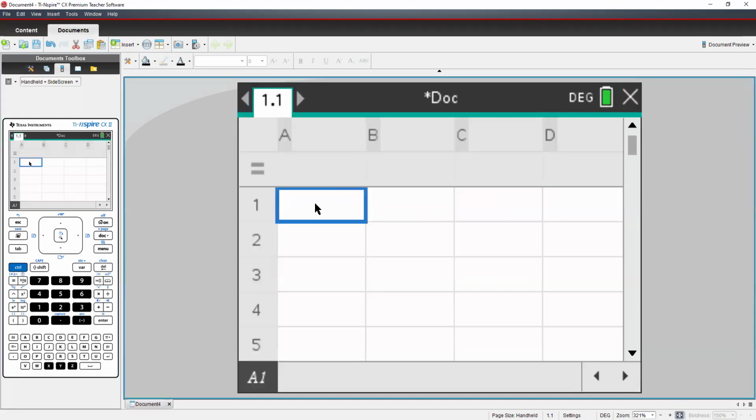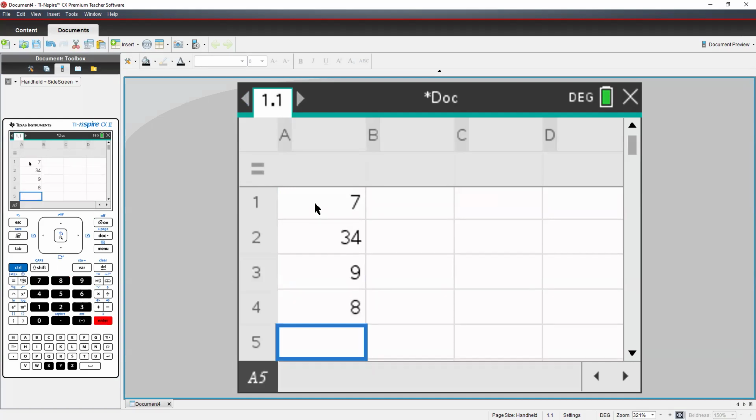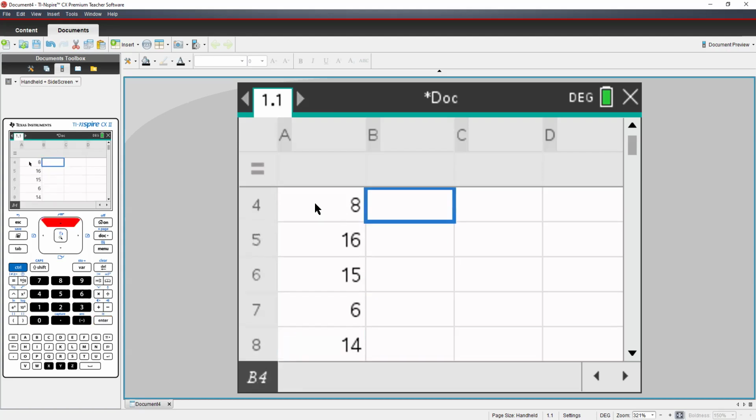So if I go to list and spreadsheets like I normally do, and I type in all my X values, and again, that was 10, right? 1, 2, 3, 4, 5, 6, 7, 8, 9, 10. All right, let me go with my Y values in.